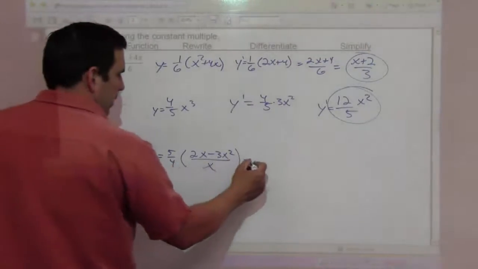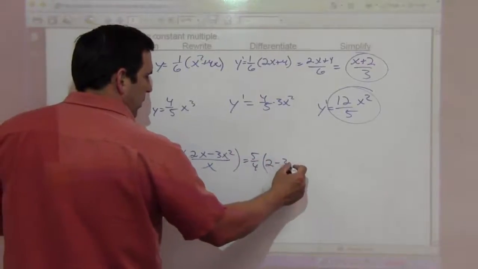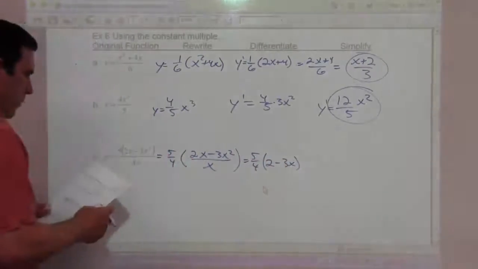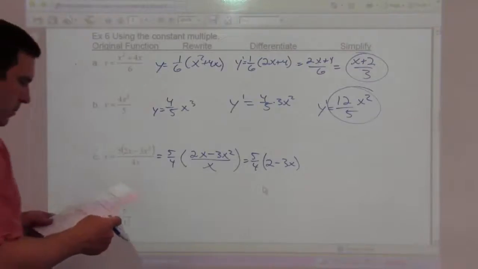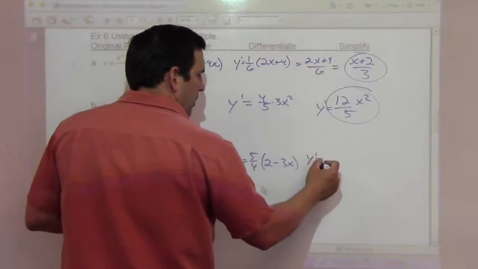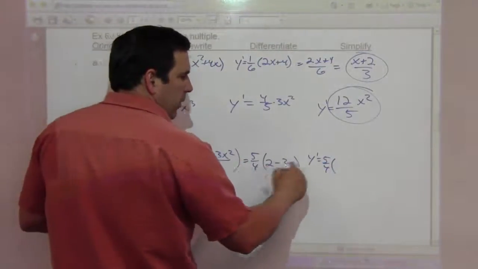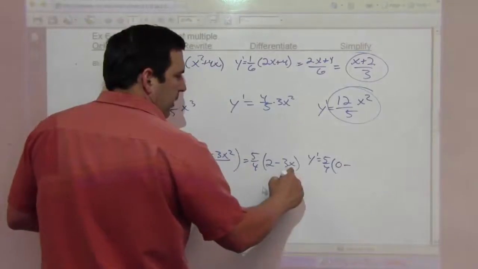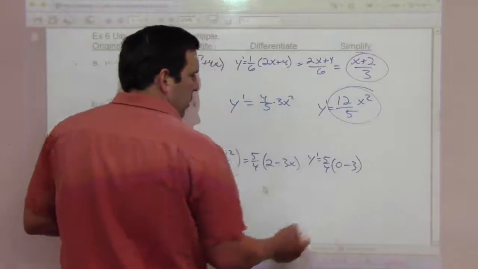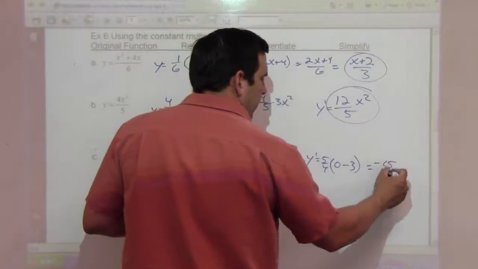So you can divide that out. That's 5/4 times 2 minus 3x. So our derivative is going to be y prime is 5/4 times what? The derivative of 2 is 0. Derivative of negative 3x is just 3, minus 3 there. We end up with negative 15 over 4.